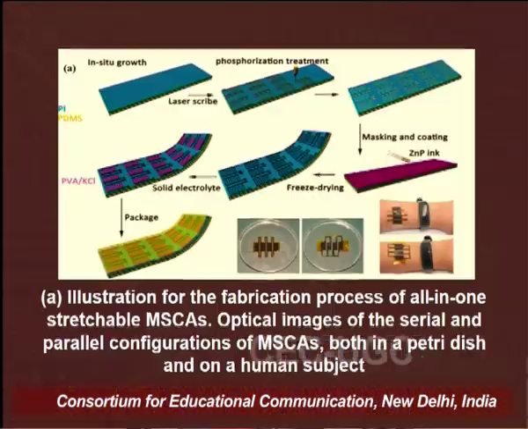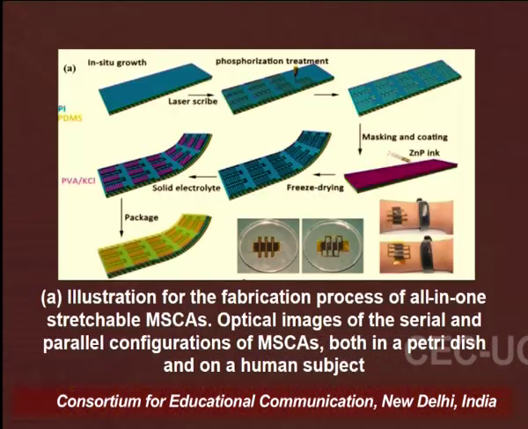You can see here the fabrication process of the all-in-one stretchable MSCA, and optical images of the serial and parallel configurations of the MSCA both in a petri dish and on a human subject.